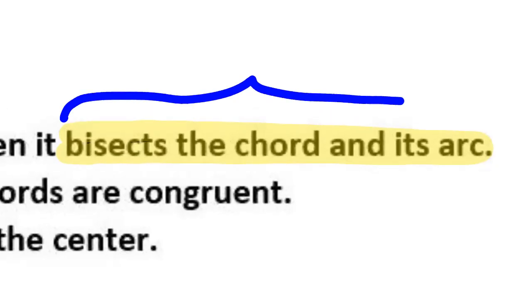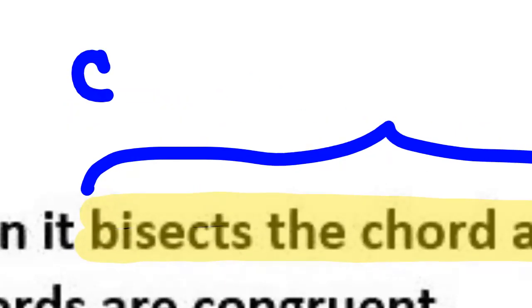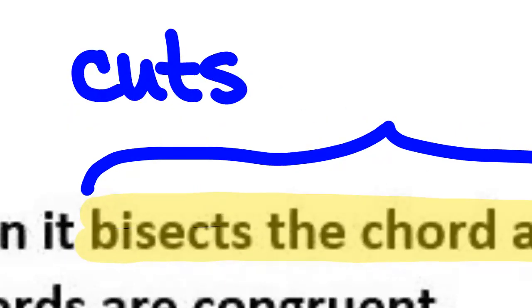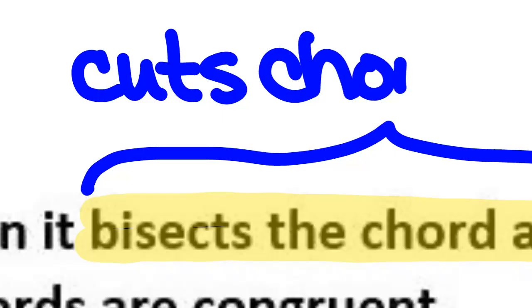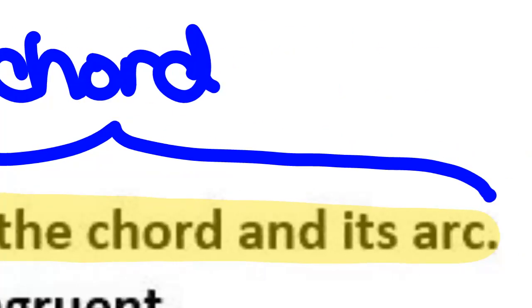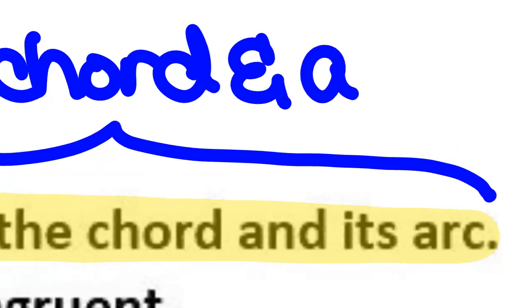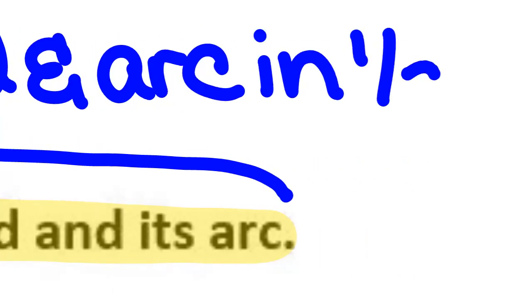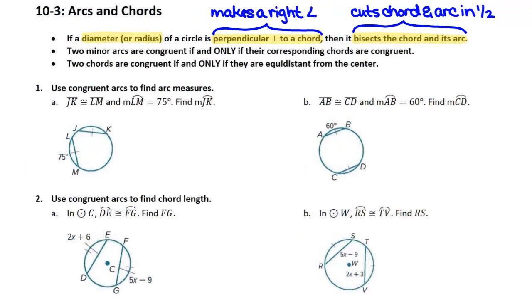What does bisect mean? To cut it in half. So it cuts the chord and the arc in half. There's our first property.